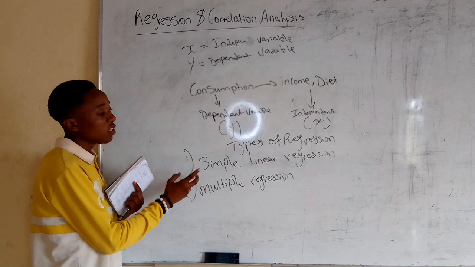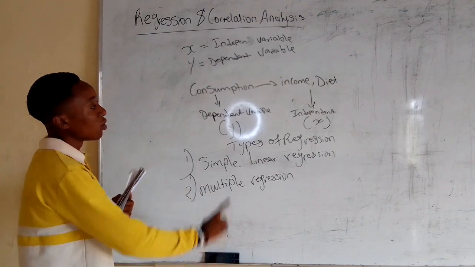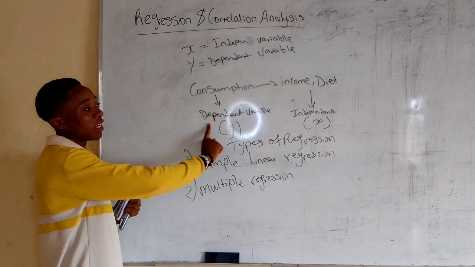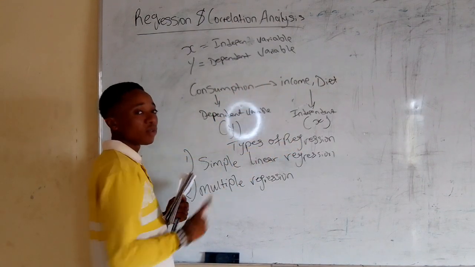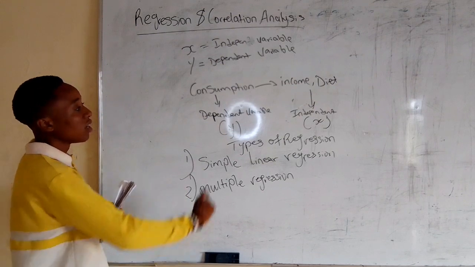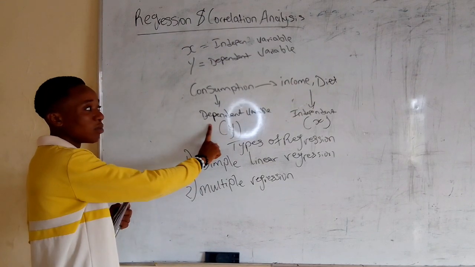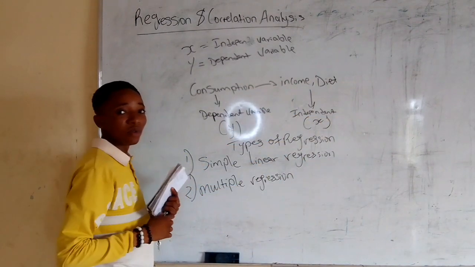Now, in simple linear regression, we look for the relationship between just one dependent variable and one independent variable. While in multiple regression, we look for the relationship between one dependent variable and more than one independent variable.